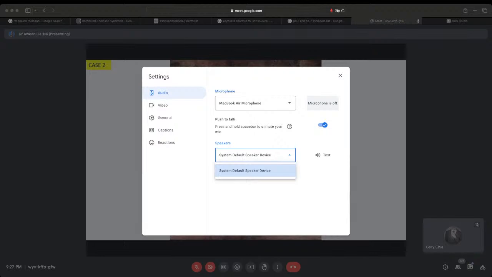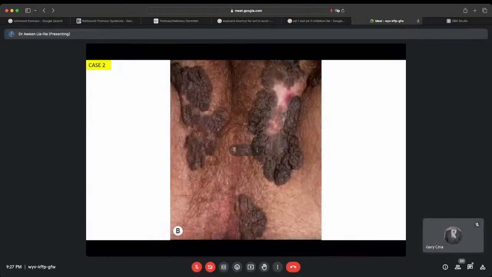Hypertrophic LP, okay, exactly. Squamous cell carcinoma, then what else? If kids, I would think about varicella zoster or IP.